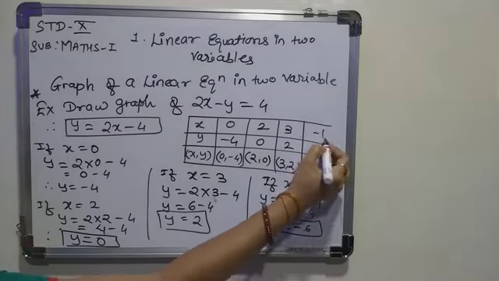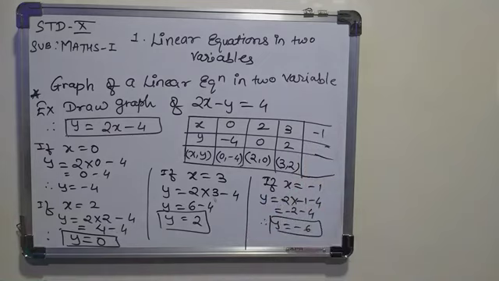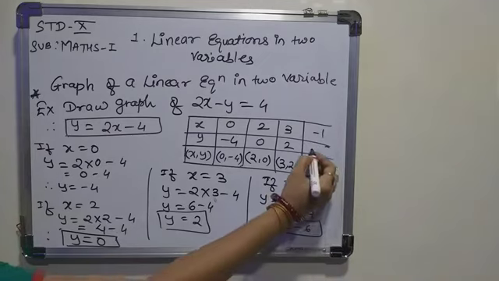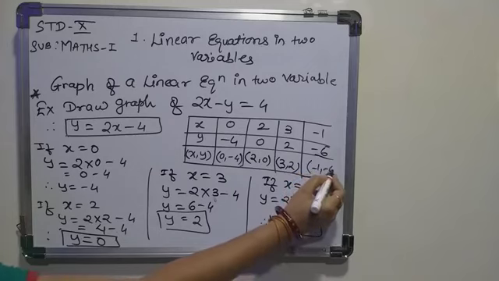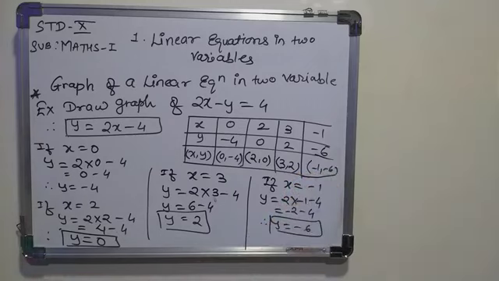You can take any value, right? You can assume any value of x. You can take a positive integer also, a negative integer also. You can also take a 0, right? So now we are going to draw the graph of these points.